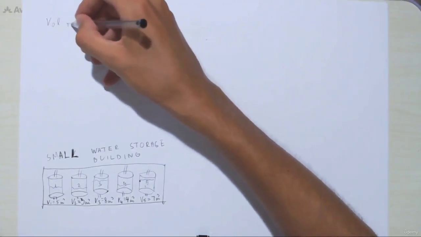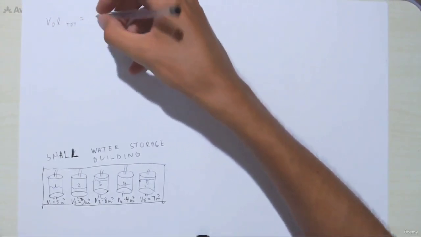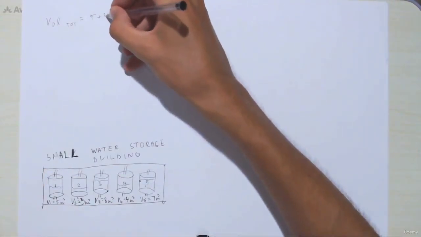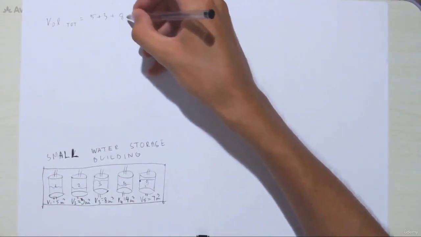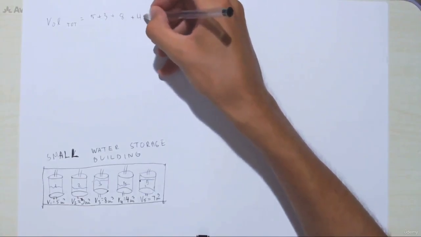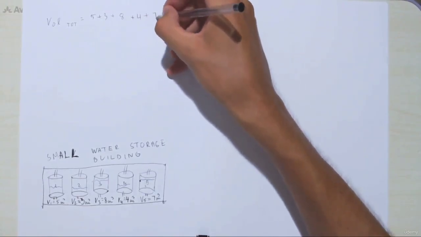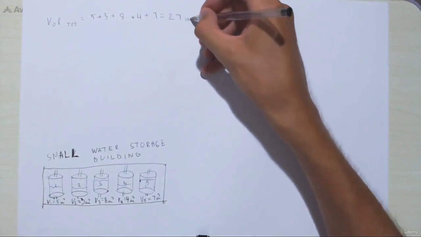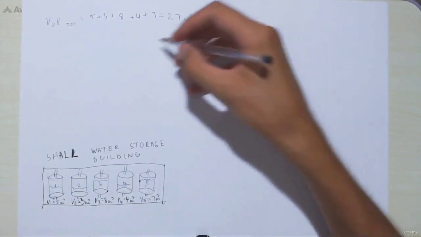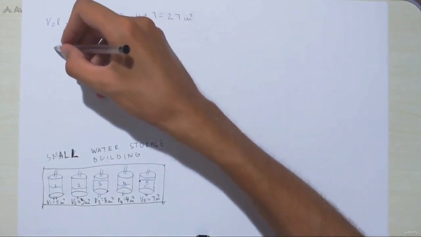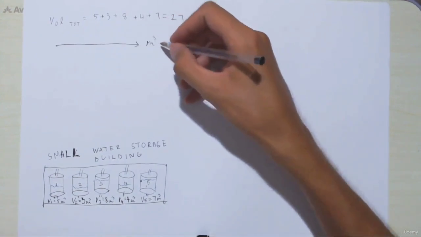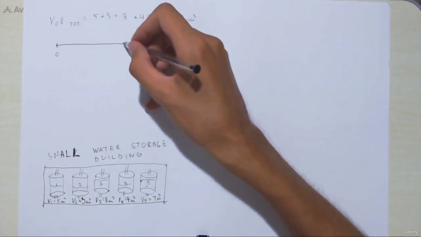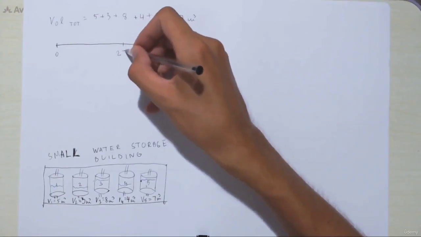Volume total, and then you would just add them all up. 5 plus 3 plus 8 plus 4 and plus 7 would give you 27 cubic meters. And for that you only need one number line, right? M cubed, and then you have 0 here, and then let's say you have 27 cubic meters here.